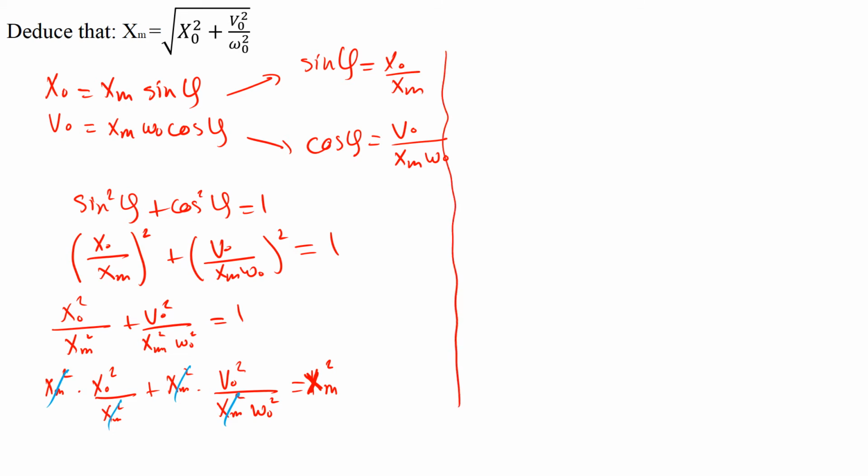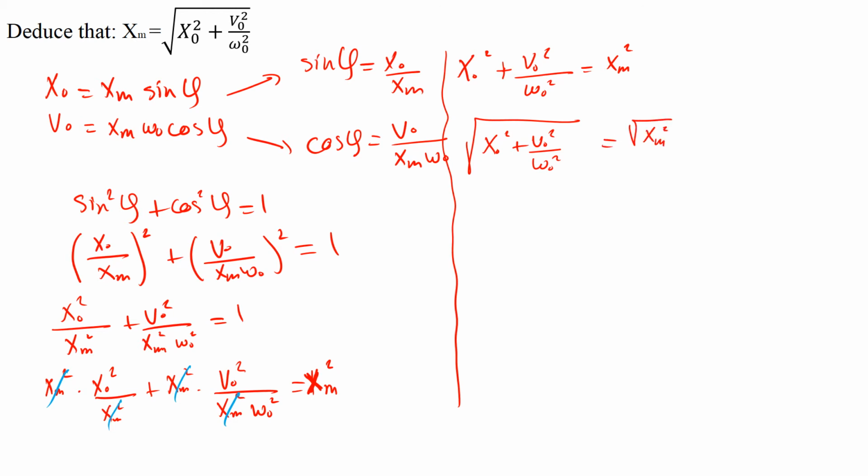Now we will get x0 squared plus v0 squared over omega 0 squared is equal to xm squared. Take the square root of both sides, you will get the radical of x0 squared plus v0 squared over omega 0 squared is equal to radical xm squared.